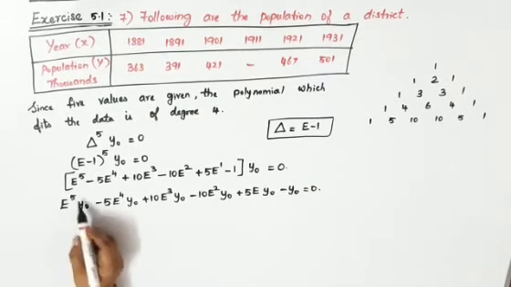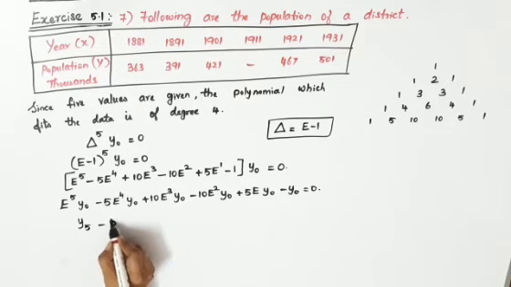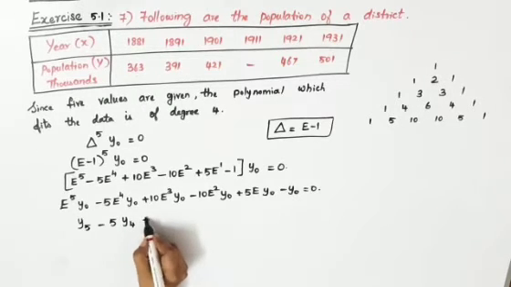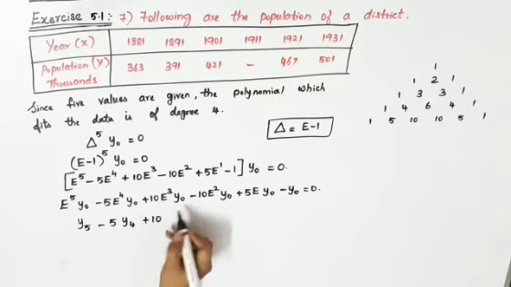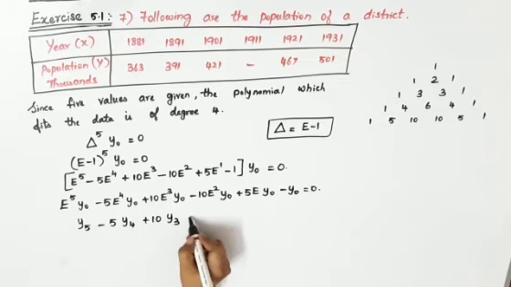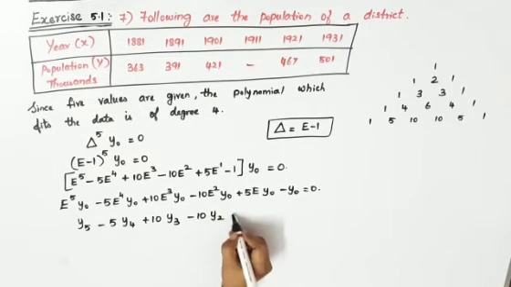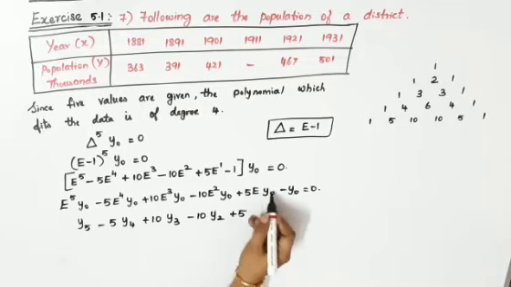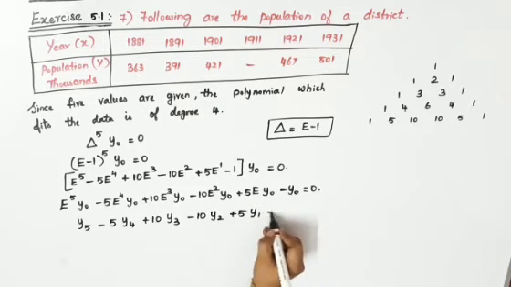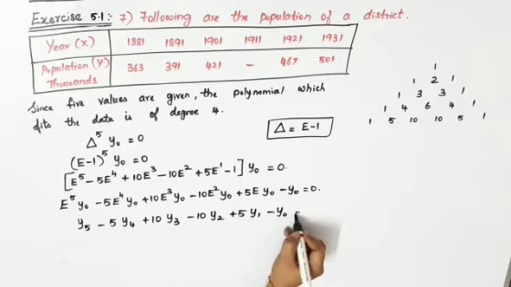Replace e power 5 y naught as y5, minus 5 e power 4 y naught as y4, plus 10 e cube y naught as y3, minus 10 e square y naught as y2, plus 5 e y naught as y1, and last y naught is equal to 0.